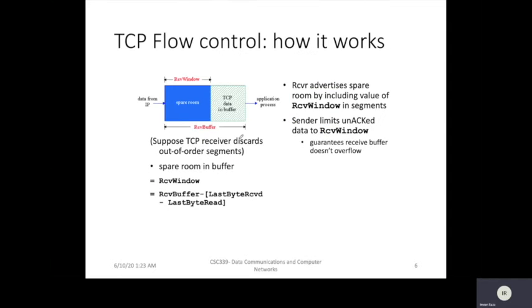Now, in order to implement this flow control mechanism, the receiver maintains certain variables. For example, the receiver will maintain the last byte received and the last byte read.